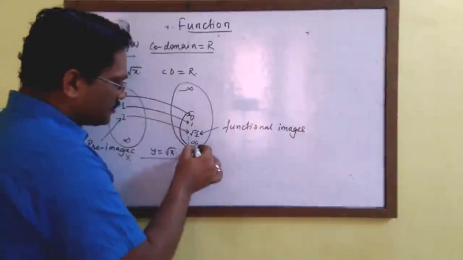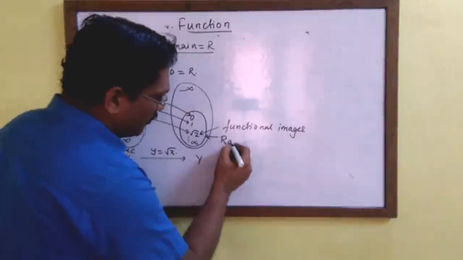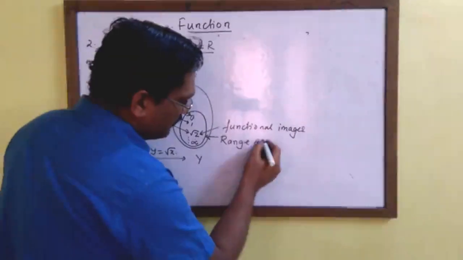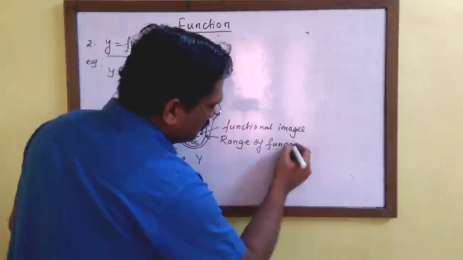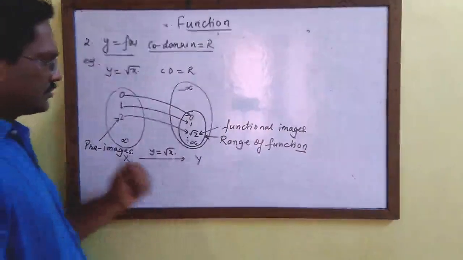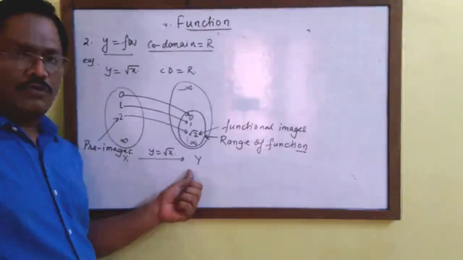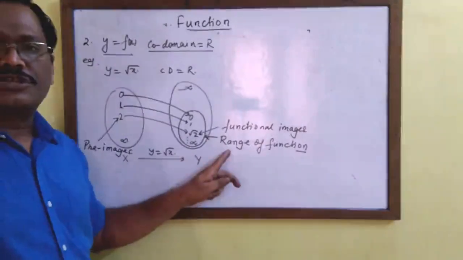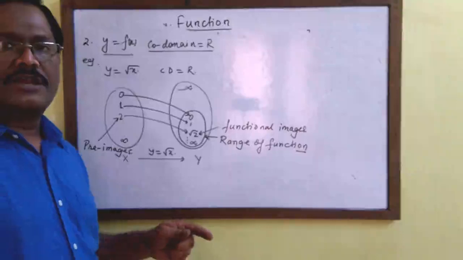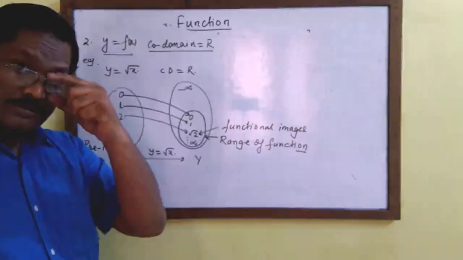Now, if I collect all the functional images, this set will be called the range of the function. So what is the practical difference between codomain and range? Codomain is the set which we want as output, whereas range is the set which we practically get as output, corresponding to the input being provided.